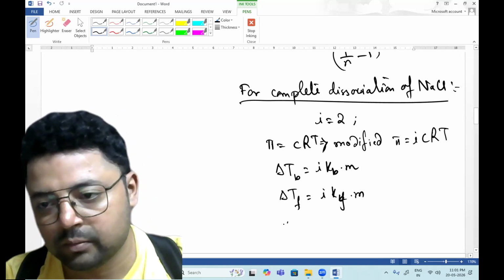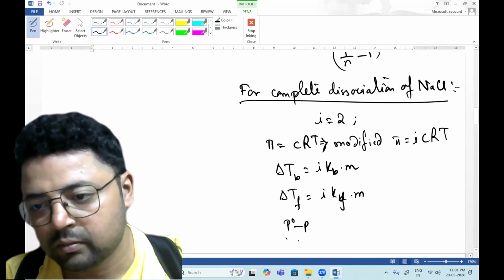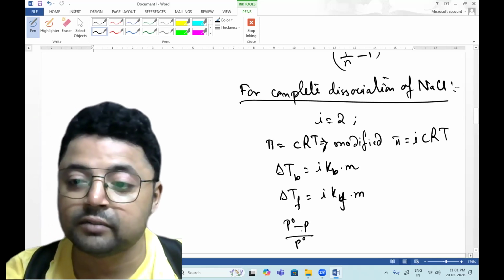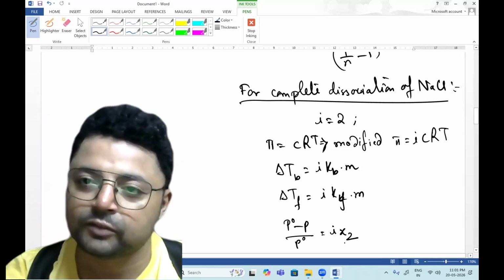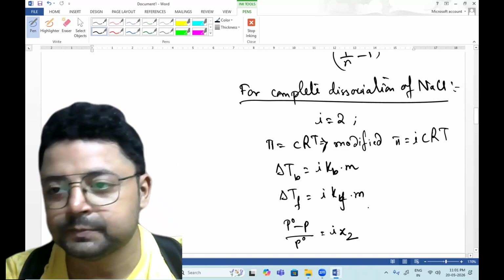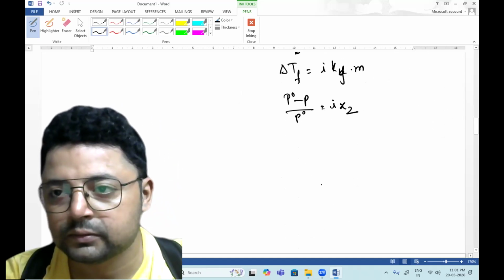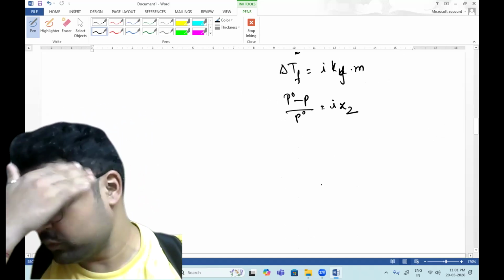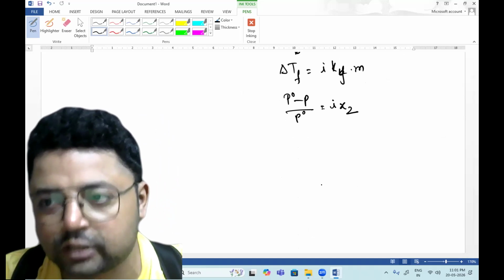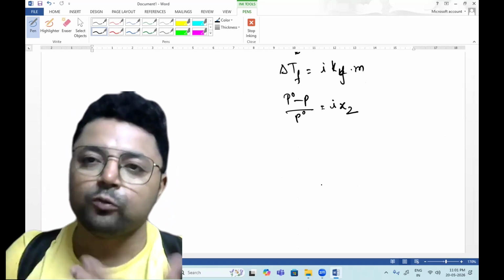Even (P0 minus P) by P0, the relative lowering of vapor pressure, will be i into mole fraction of the solute. So this is the effect of Van 't Hoff factor of the solutes which undergo dissociation or association. And we have discussed how we have to find it out.